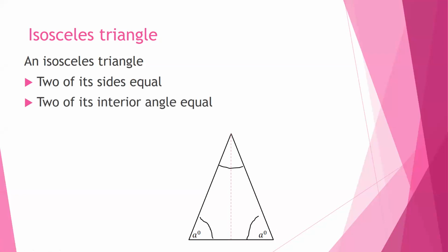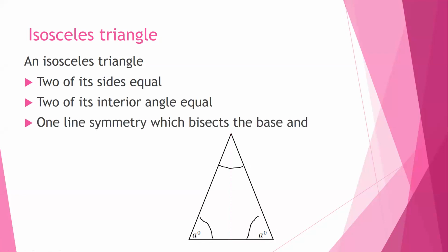Because of that, it also has 2 interior angles equal. We have A degrees and A degrees, which are equal. And we have 1 line of symmetry bisecting the base and the angle opposite it. So you see here, we have only 1 line of symmetry.